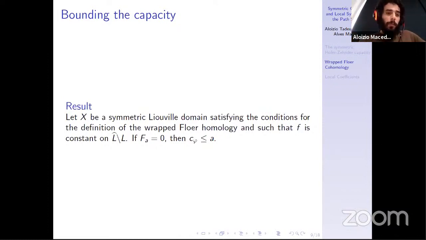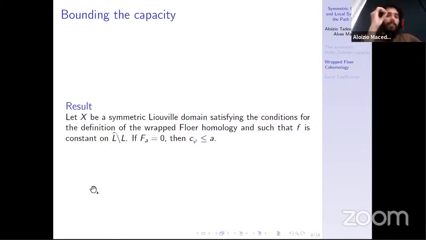When you have a C2-small Hamiltonian, the Floer homology is isomorphic to the standard homology, right? Similarly, we have the same result here, but it's important to note that we do not have the homology of the space anymore. We have the cohomology of the Lagrangian.